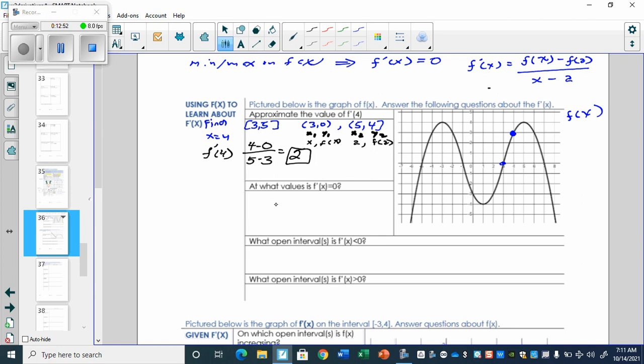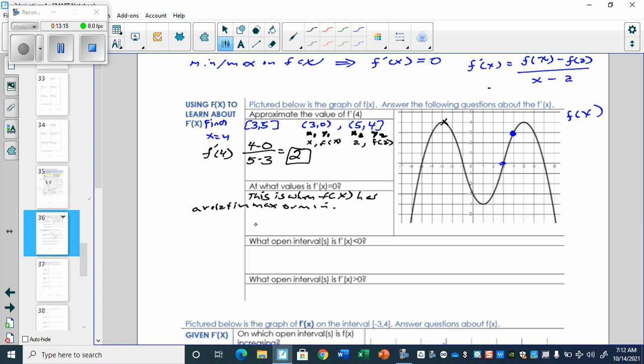At what values is f prime of x 0? This is when f of x has a relative max or minimum. So relative max right here.